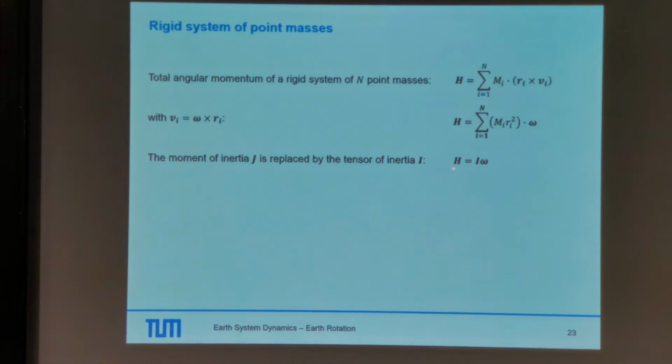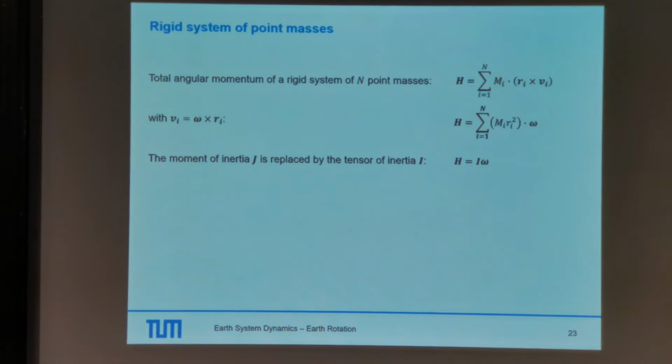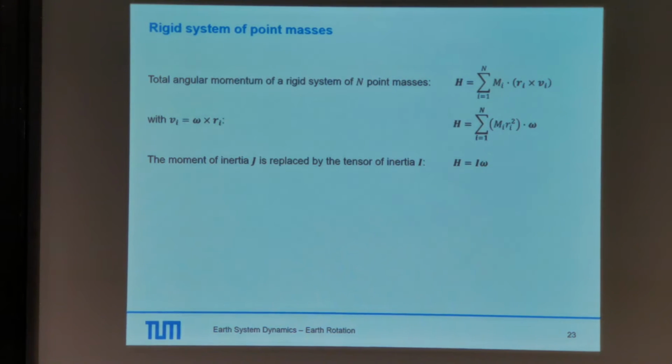as it was done in the equation before, then we cannot replace this with this constant J, but with the tensor of inertia. So the moment of inertia J was this product for only one mass element. If we now have the rigid system of mass elements, we have to extend this by the tensor of inertia.